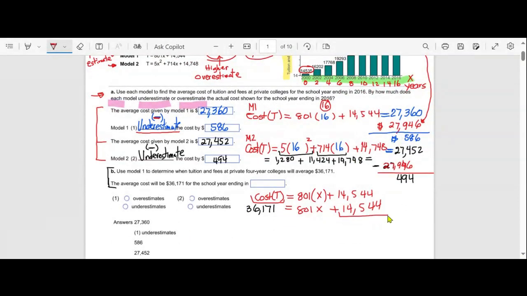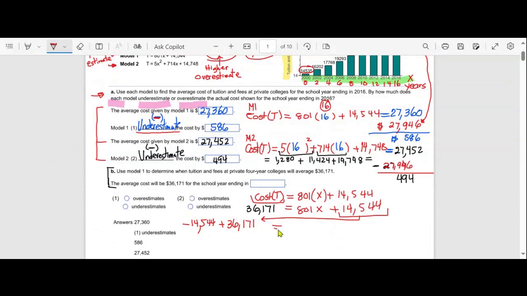I have to move this to where? To the left side, correct? So it's going to be negative, right? So it's going to be negative 14,544. And then we're going to subtract this from that.